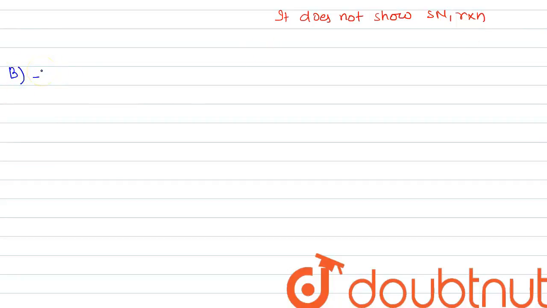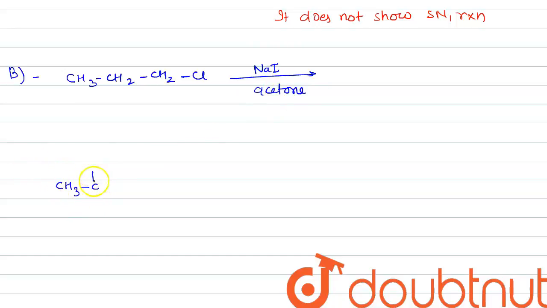Question B is asking: propyl chloride, CH3CH2CH2Cl, reacts with sodium iodide in the presence of acetone, and another one, CH3COCH2Cl, also reacts with sodium iodide in the presence of acetone.